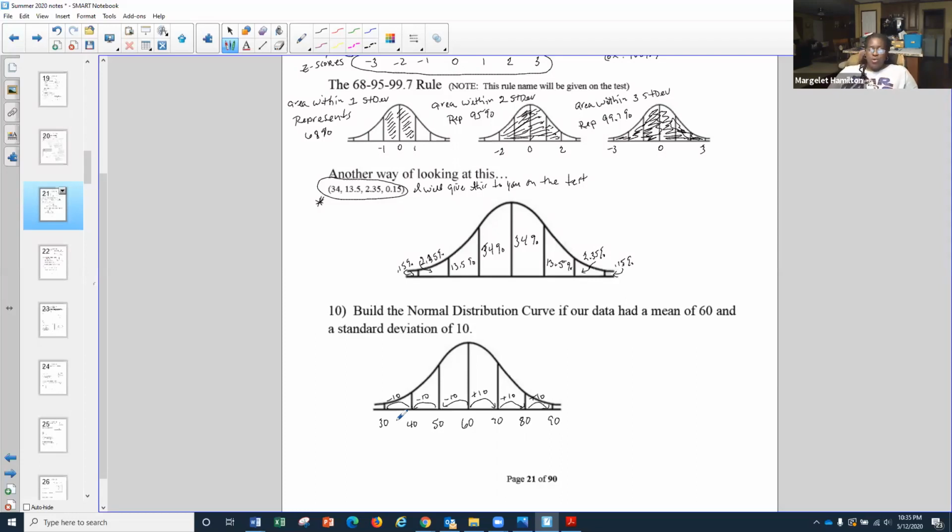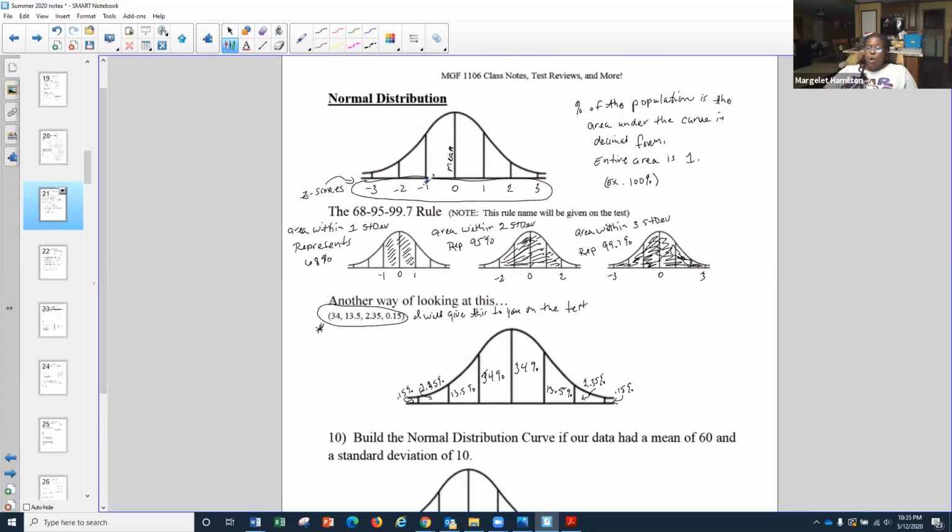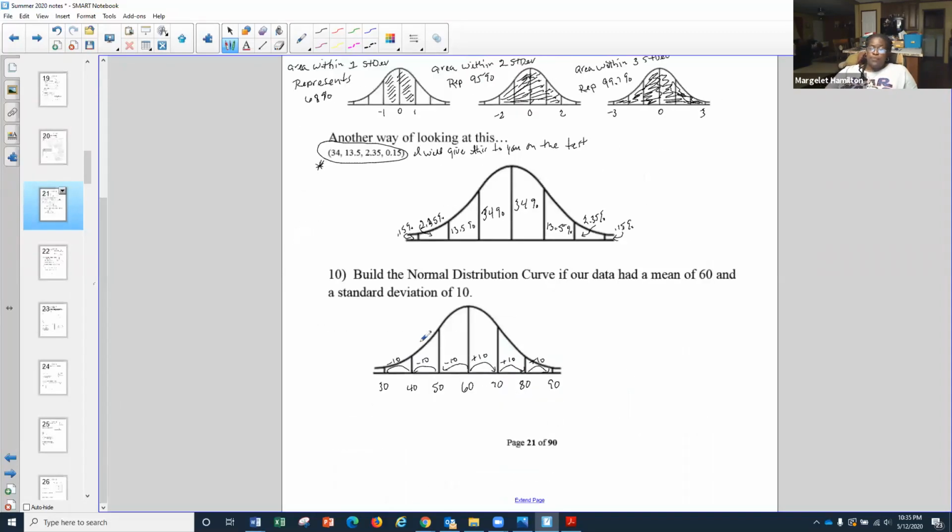All right, so now we have our data values. These are not z-scores. Our z-scores are always going to be these values up here at the top. They will always be 1, 2, and 3, -1, -2, and -3. Okay, don't get that confused. These are data items.